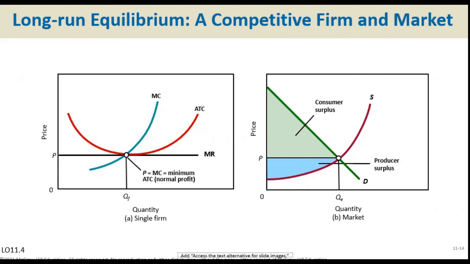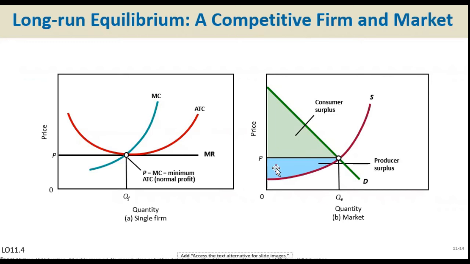Charging consumers the lowest price and producing the greatest output consistent with its cost. Firms use society's scarce resources, right, in accordance with consumer preferences.